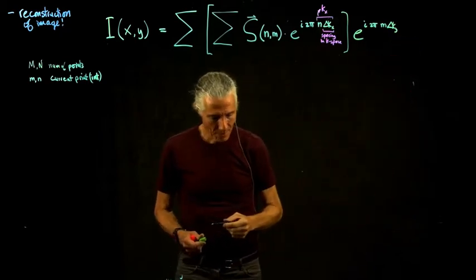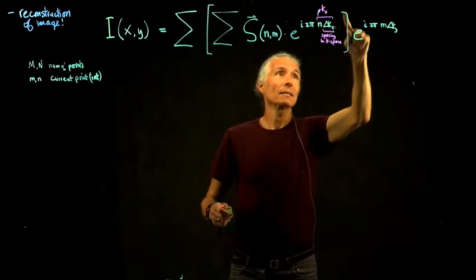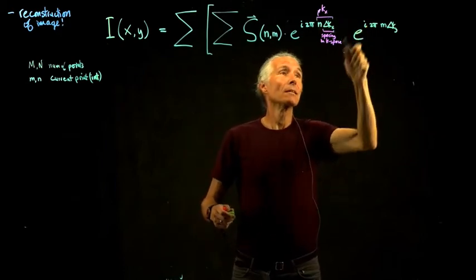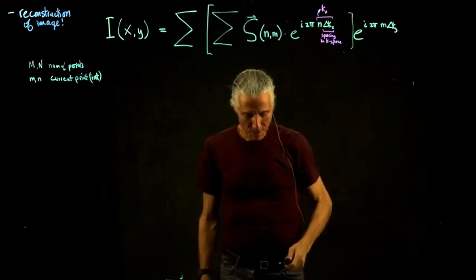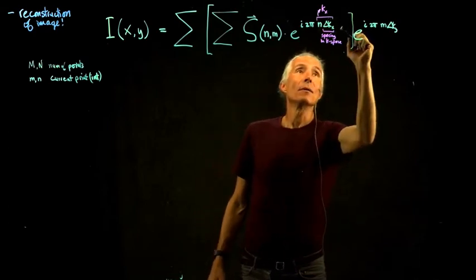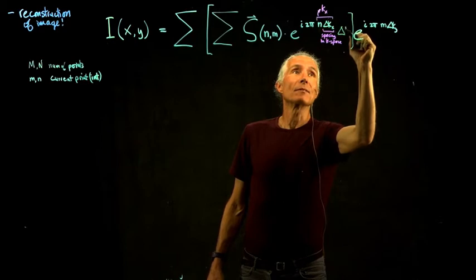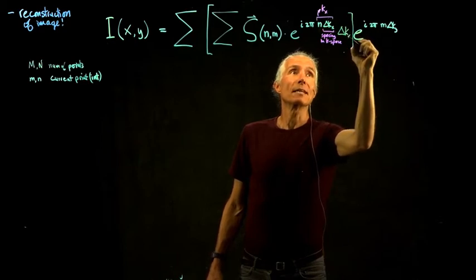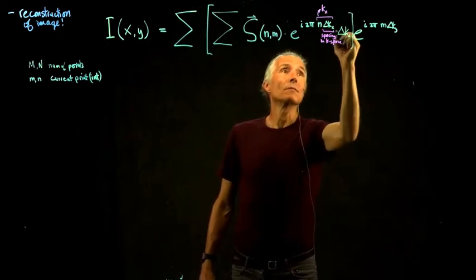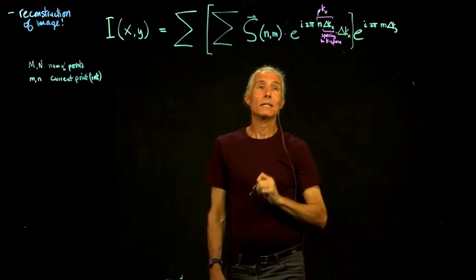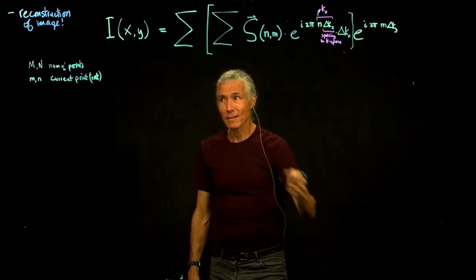Oh, sorry, forgot one thing. There's one other difference. We're multiplying now by an actual finite number. So here's the spacing in the kx direction. So we're multiplying by that. It's in the exponent, and then we're also multiplying it.